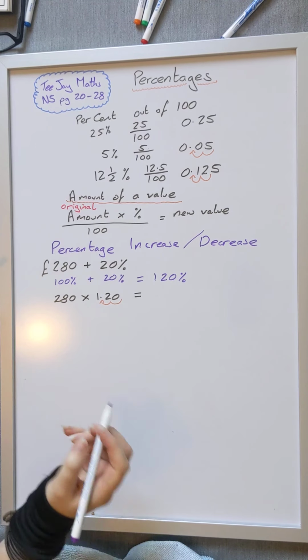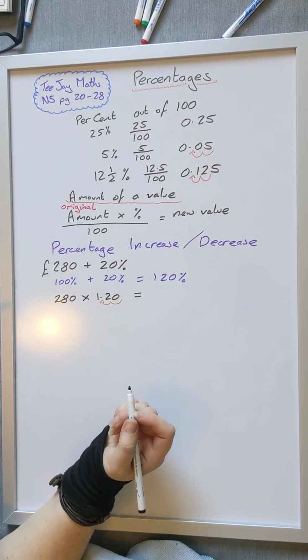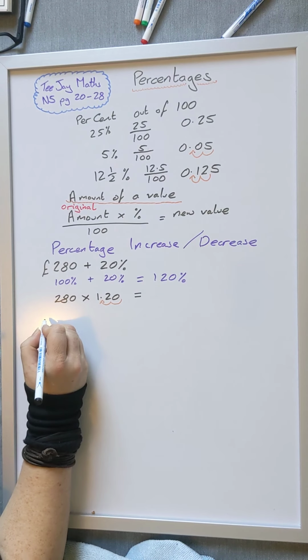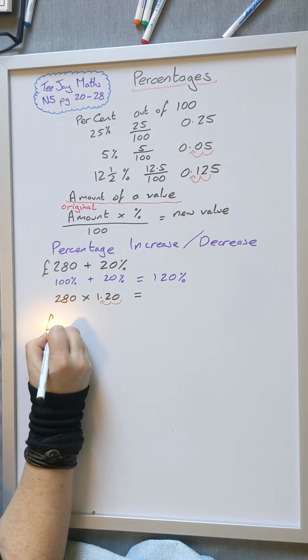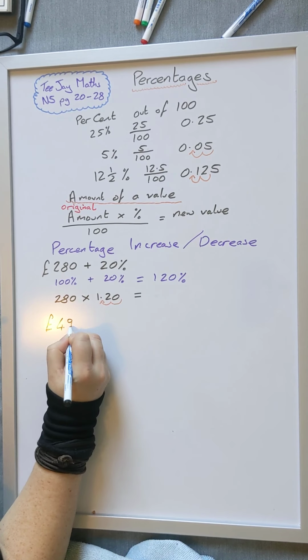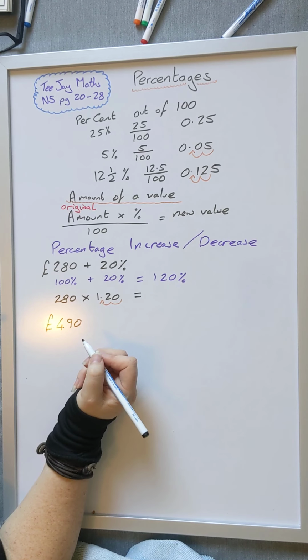Alternatively, if we were given a percentage decrease, you follow the same technique. So if we started with, I don't know, £490. A push bike. One of the posh ones, but not too posh.